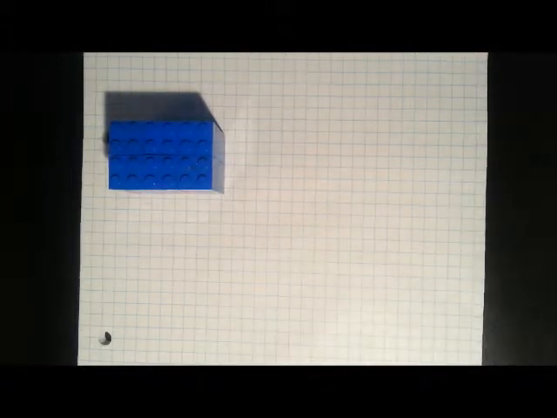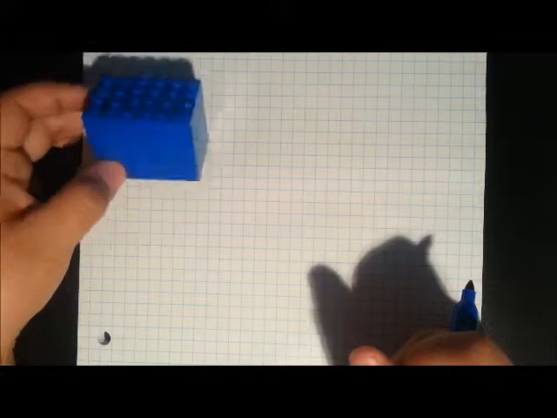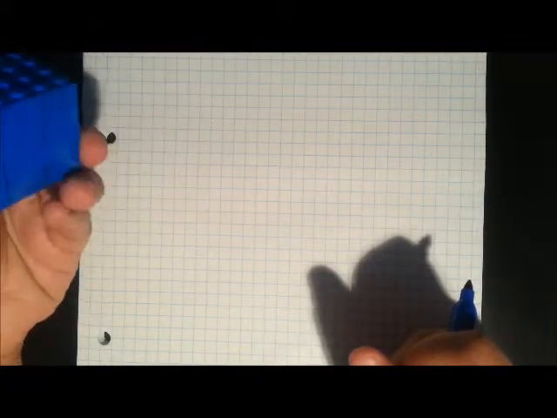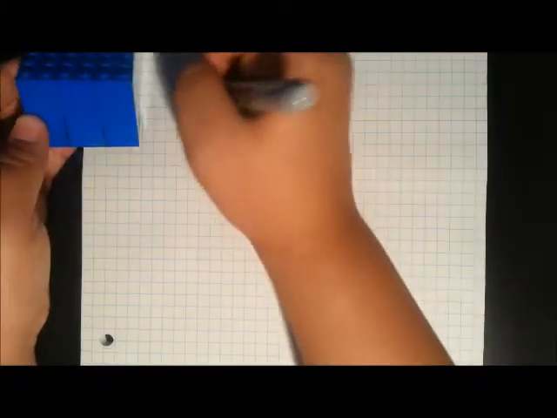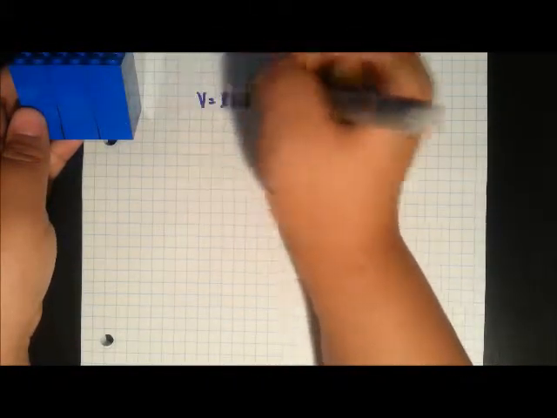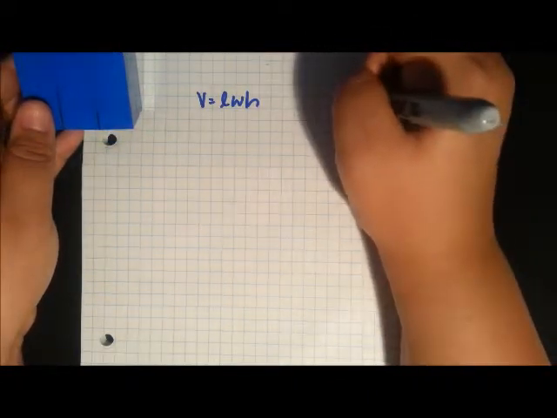Okay, so our next problem, we're still finding volume, and we're going to be using this rectangular prism. This is what it looks like. So volume is equal to length times width times height. And okay, let's write it out to the side. What is our length?